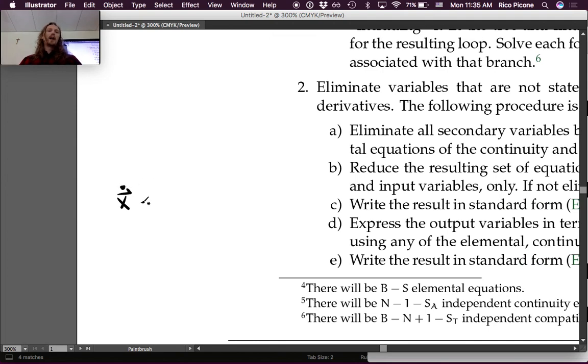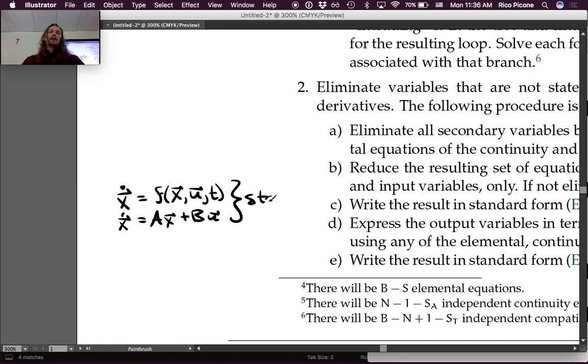I'm going to use the dot notation here: x dot equals f of x, u, t. So that's the nonlinear version. The linear version is x dot equals Ax plus Bu. So, state equations.